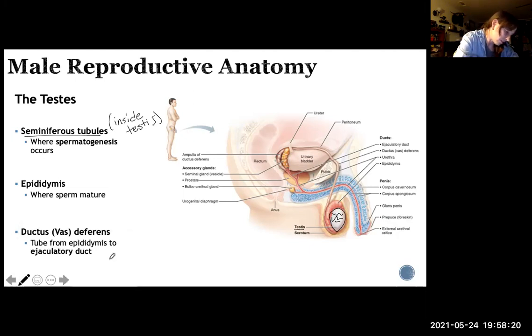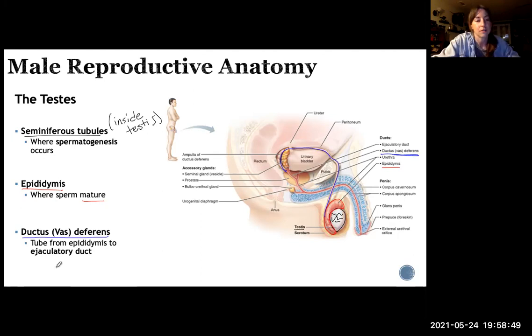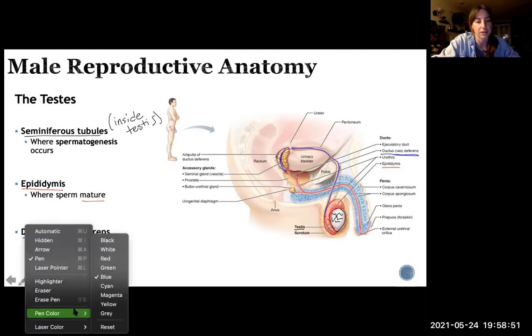Those newly formed immature sperm move to the epididymis to mature. And the epididymis is connected to the vas deferens, which comes all the way up and around until we reach the seminal gland, which is going to contribute the liquid part of semen.